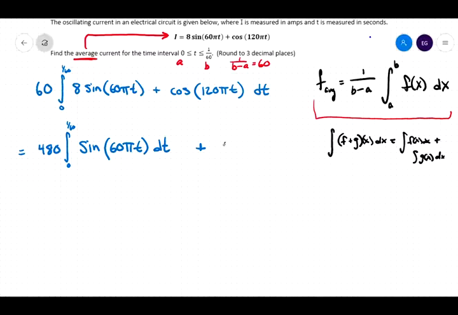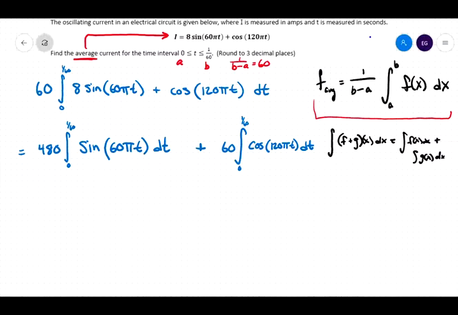So we have a 60 on the outside, 60 times the integral from 0 to 1/60th of the cosine of 120 pi t dt. Okay, so let's keep these separate. We'll do them one at a time. So on the left, integrate the sine function.